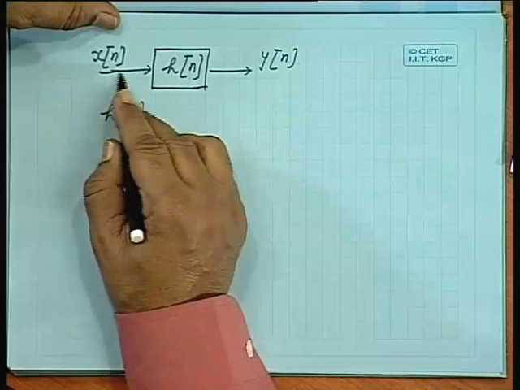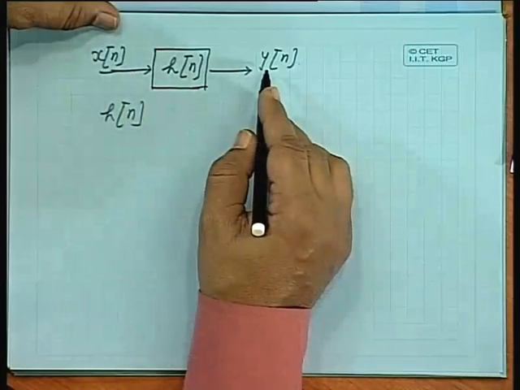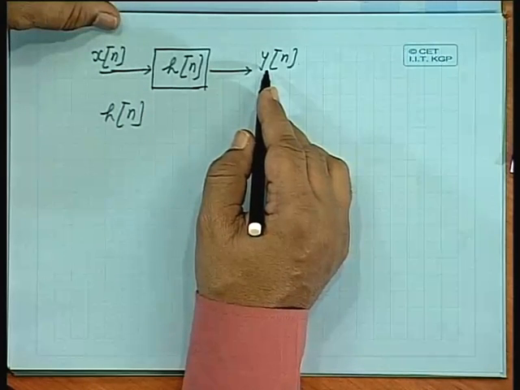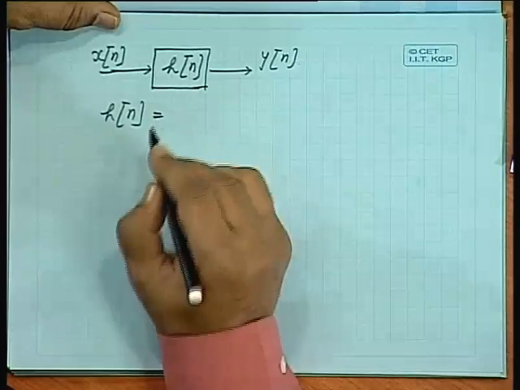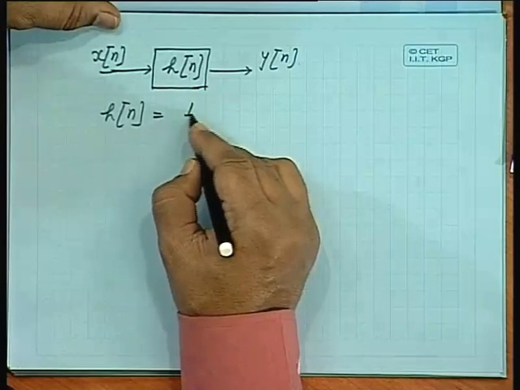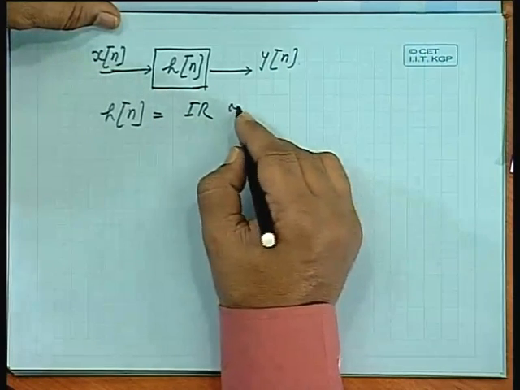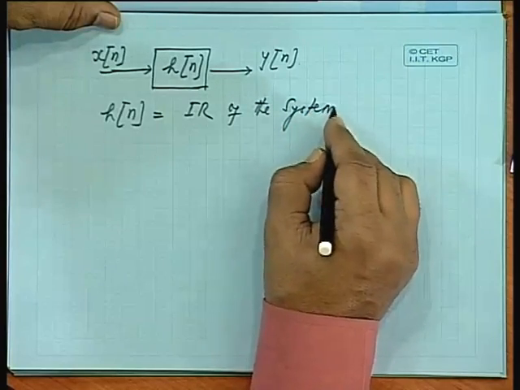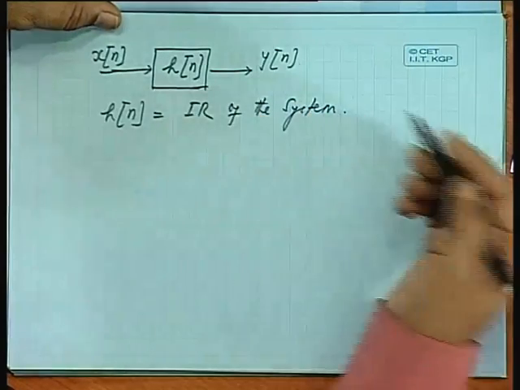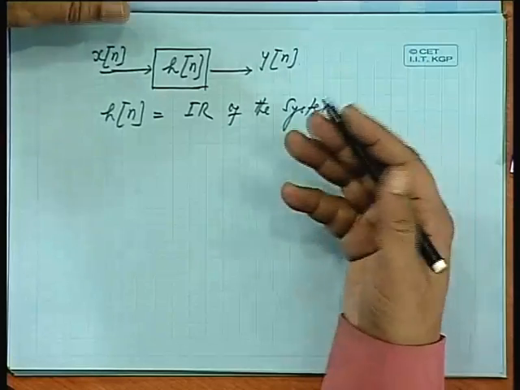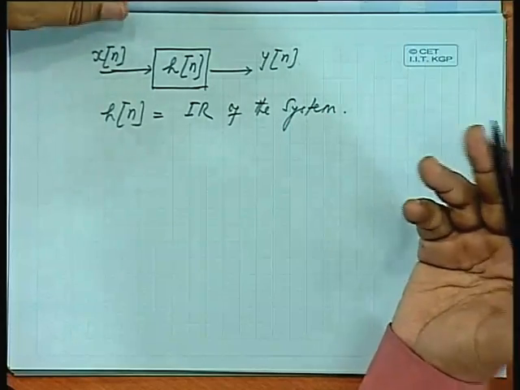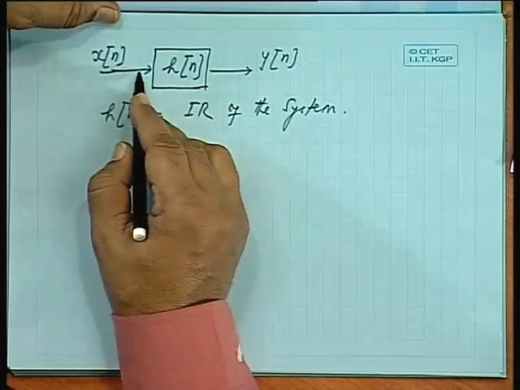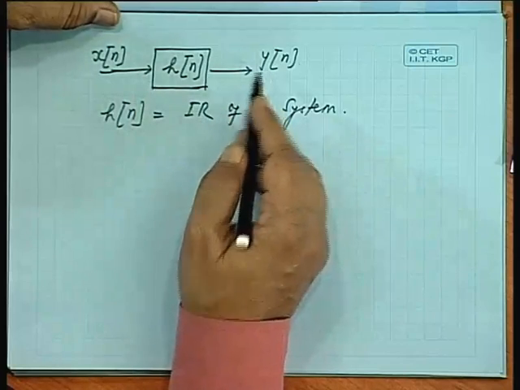If I excite the system with an input x[n], what will be the corresponding output y[n]? h[n] is the impulse response of the system, maybe h0, h1, h2; we may give you these values. Then for any input sequence, what will be the output?